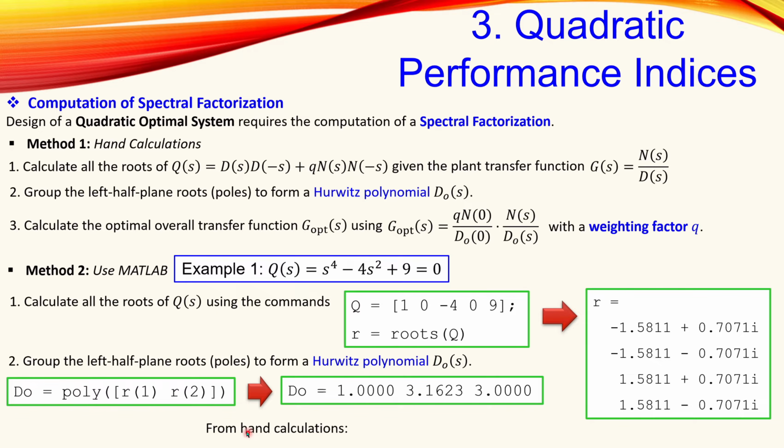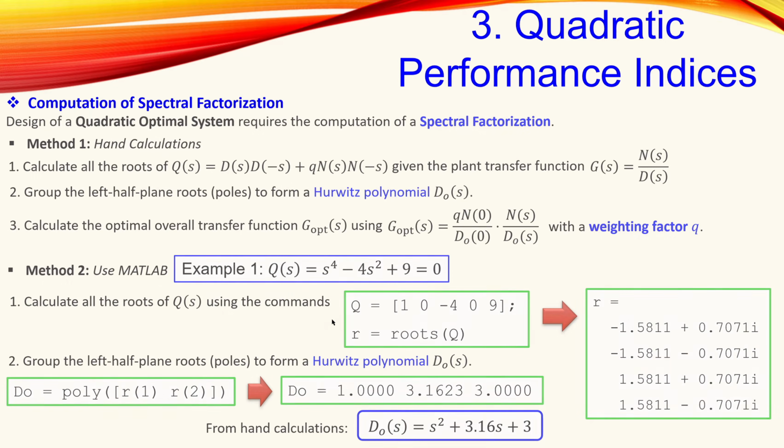That's actually what we also had from the hand calculations, which was s squared plus 3.16, of course rounded off, s plus 3, and it is exactly the same also here from the MATLAB. So looking just at an example, the hand calculation and also the MATLAB will produce the exact same result. Of course, this is in MATLAB much easier when you have a more complex Q value, so you can always do that in MATLAB when you want to bypass those tedious calculations.